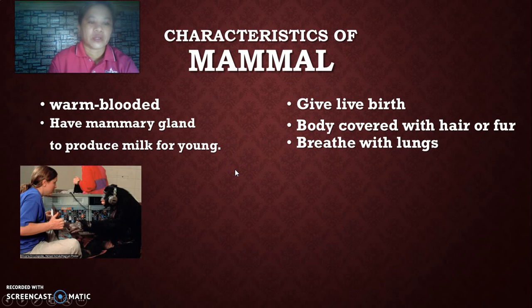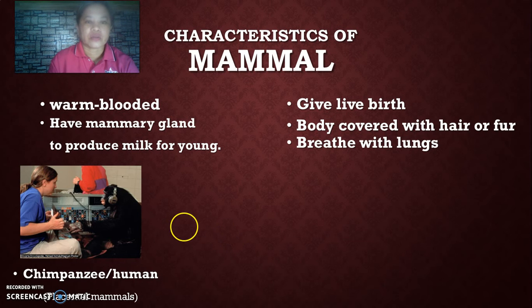Examples of mammals in these pictures are the chimpanzee and the human. These are examples of placental mammals, because the young or the fetus grows in the uterus and gets nutrients from the placenta.